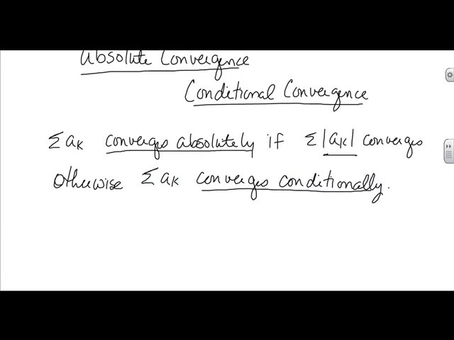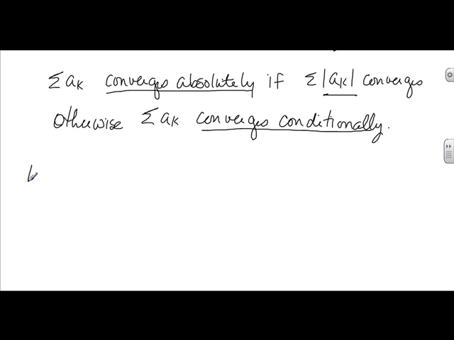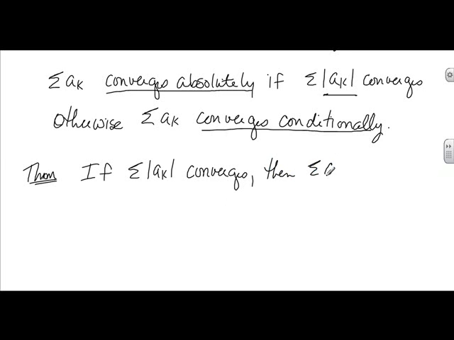So there's a theorem that says if the series of absolute value of a sub k converges, okay, so if the series is absolutely convergent, then we can conclude that the series a sub k also converges.